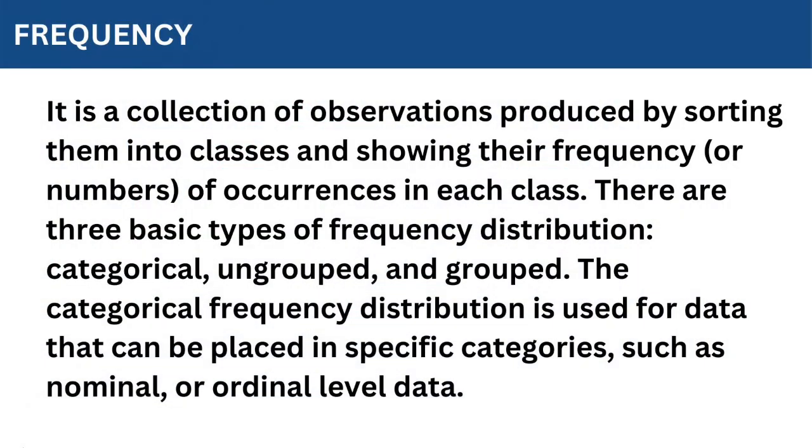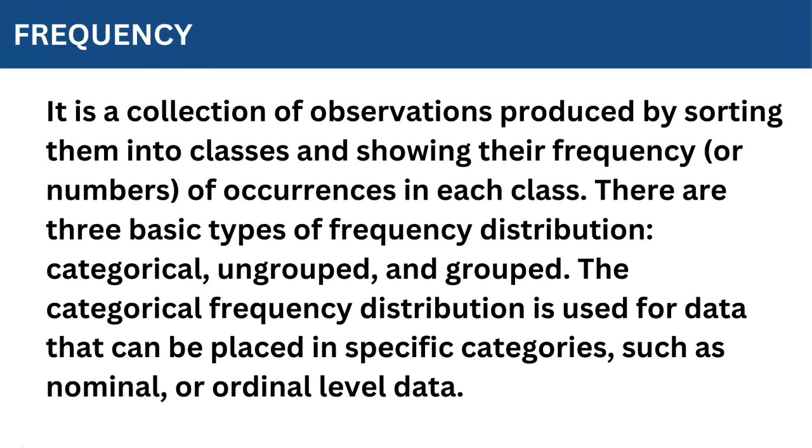So first, let us know what the frequency is. It is a collection of observations produced by sorting them into classes and showing their frequency or number of occurrences in each class. There are three basic types of frequency distribution.